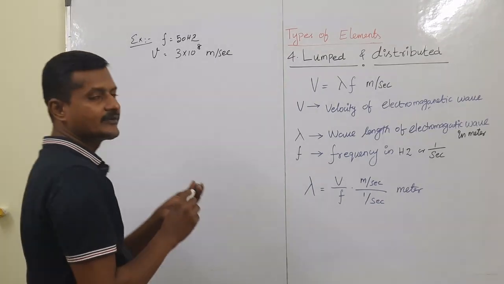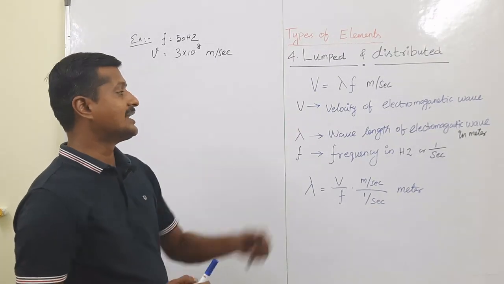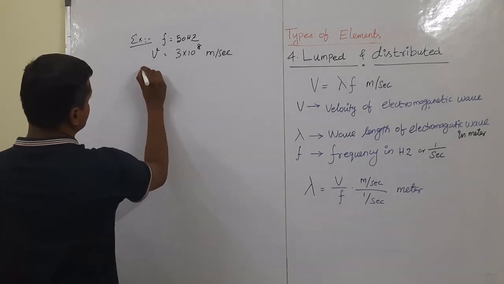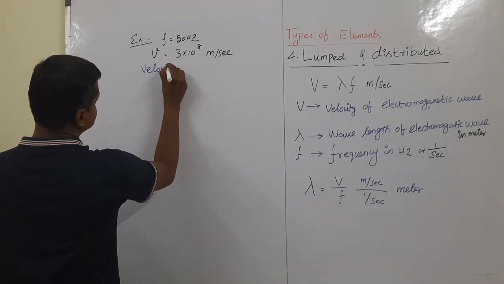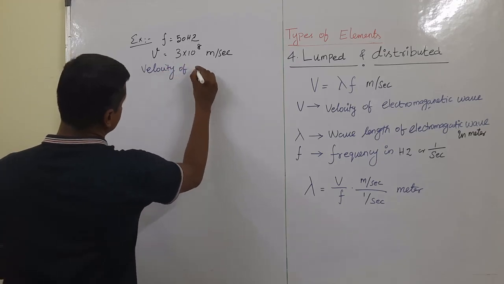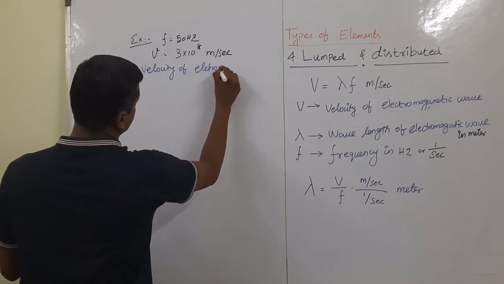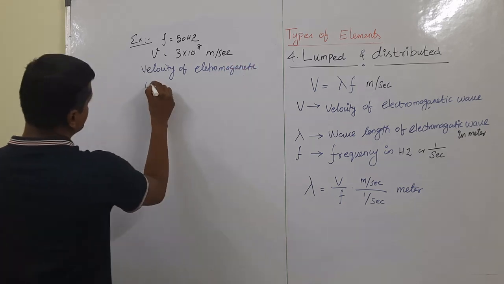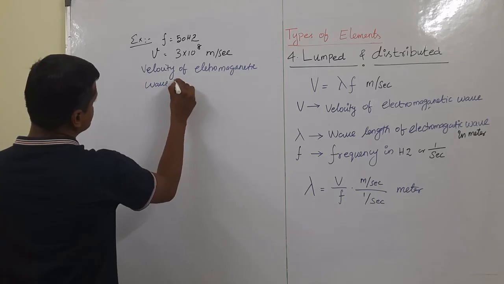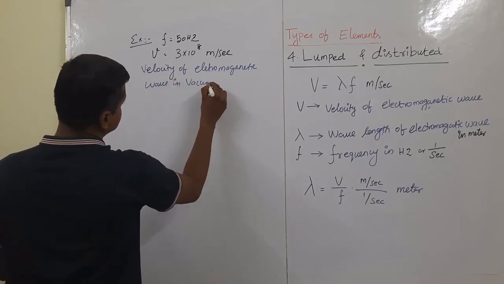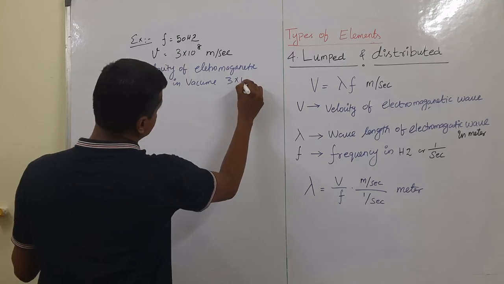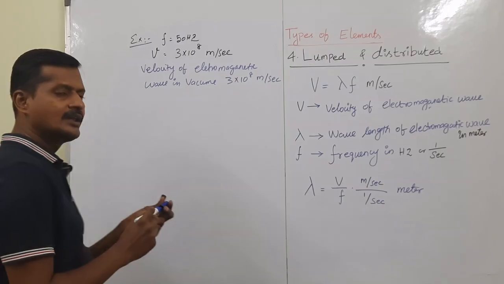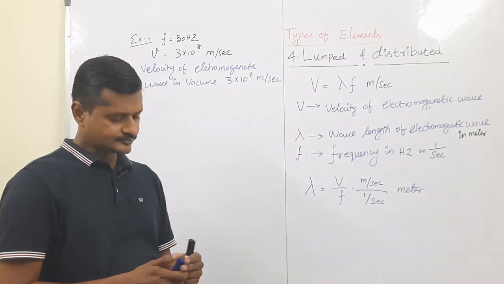This 3 into 10 power 8 is the velocity of electromagnetic wave in vacuum, that is 3 into 10 power 8 meter per second.